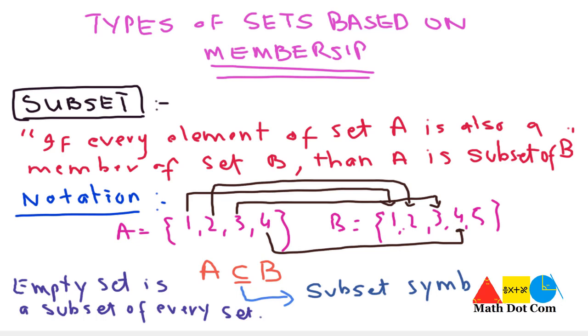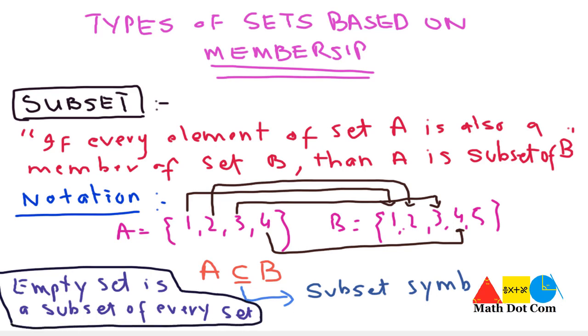Whenever you are given a set, that set must have at least one subset. Then you will think, what is that? Keep this in mind, that the empty set that we have discussed previously, a set that has no element, is a subset of every set. So this concept is very important to be marked. Another thing is, every set is a subset of itself also. How?